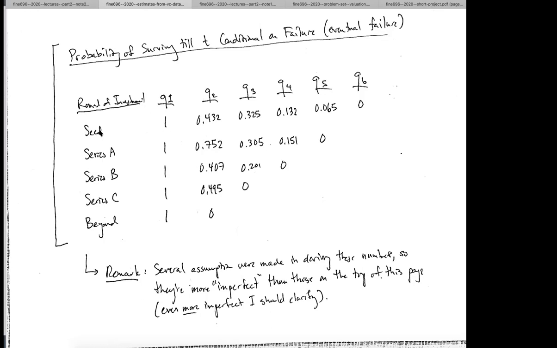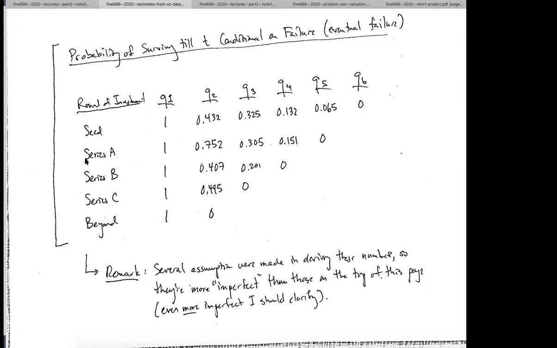So 100% of the time, a seed stage investment that eventually fails survives at least 1 year. But only 43% of the time does it survive for 2 years. 32% of the time it survives for 3 years. And once we get to time 6, the expected exit date for a seed stage investment, it by definition doesn't survive.